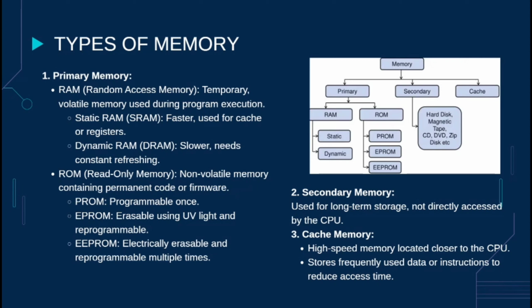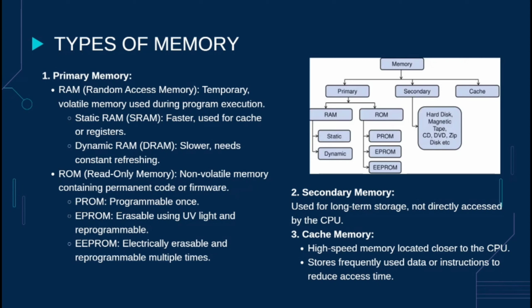That is, SRAM, static RAM, is fast and used for registers, while DRAM, dynamic RAM, is slower and needs to refresh constantly. Now, ROM comes in different types. That is, PROM, that can be written only once, while EPROM can be erased with UV light, and EEPROM can be electrically erased and reused multiple times.